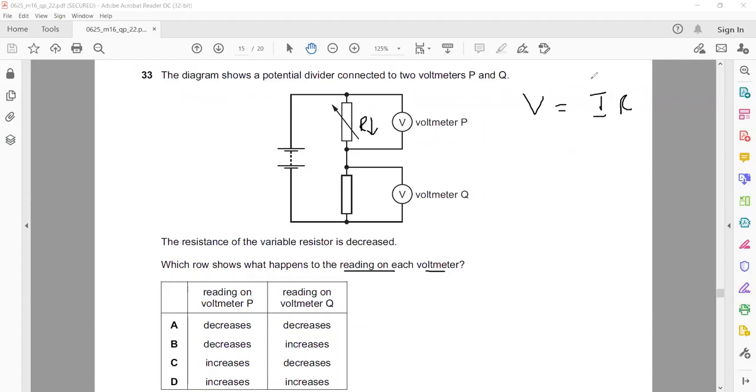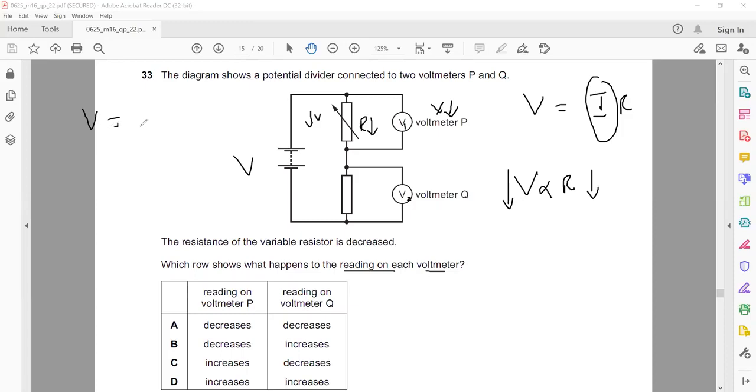Because they are in series, they will have the same current. If two components have the same current, resistance and voltage are directly proportional. The one with low resistance will have less voltage. So voltage across the variable resistor decreases, and the voltage in voltmeter P will also decrease. In comparison, because the total voltage is the same, the total voltage will divide. For example, say the voltage in voltmeter P is V1 and in voltmeter Q is V2.